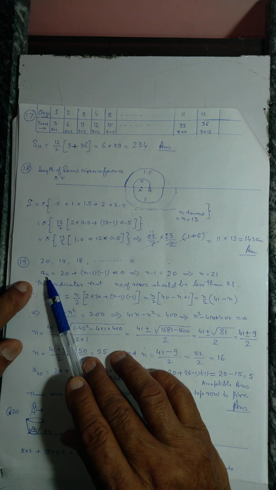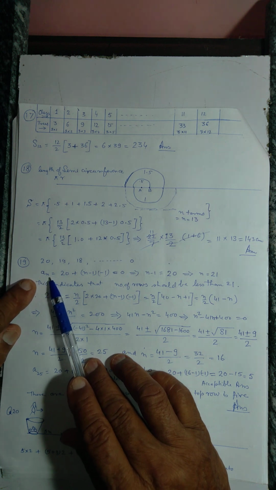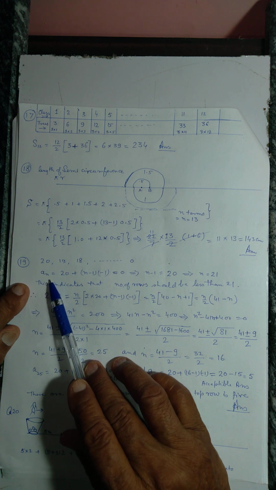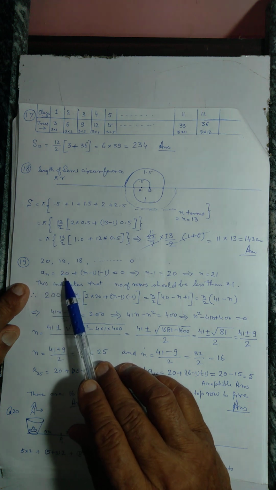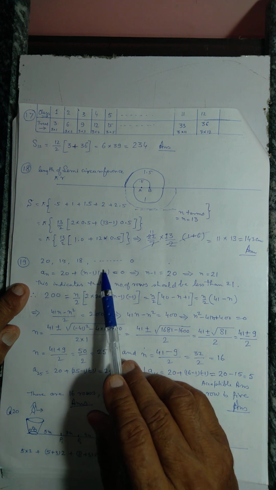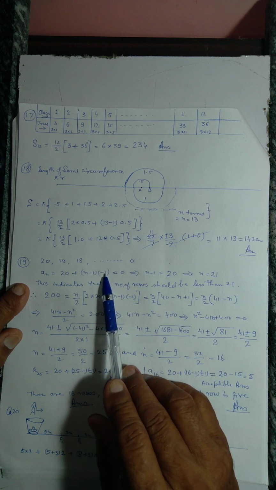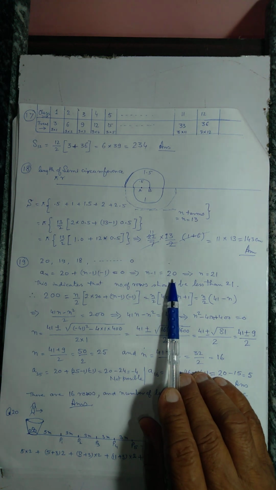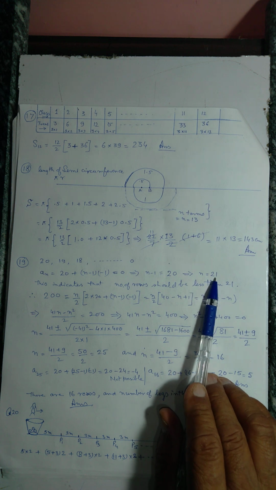Let us proceed. The term where it will be 0. So here I have written a_n, the nth term, should be equal to 0, that is 20 plus n minus 1 into minus 1, where minus 1 is the common difference. So we will get n minus 1 will be equal to 20, so n will be equal to 21.